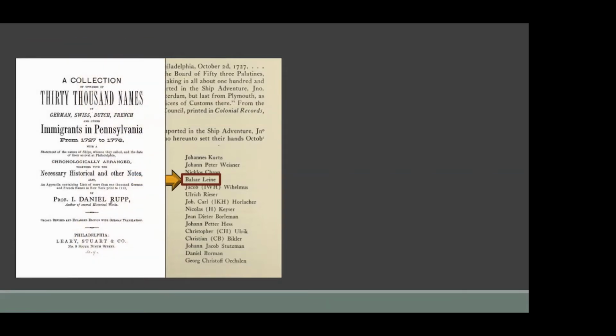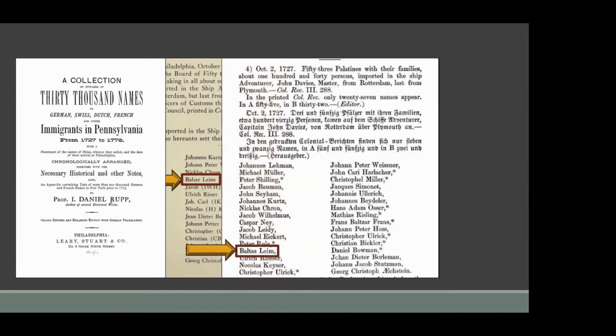If I look in a different book, this one called Collection of Upwards of 30,000 Names of German, Swiss, Dutch, French, and Other Immigrants in Pennsylvania from 1727 to 1776 by Daniel Rupp, it shows me a different spelling here, Baltas, B-A-L-T-A-S, last name Lime, L-E-I-M, arriving the same date on the same ship. And it is giving me the exact same citation for where this passenger list came from.